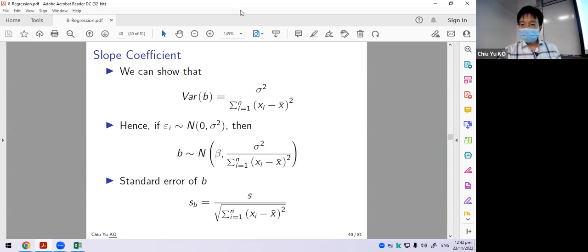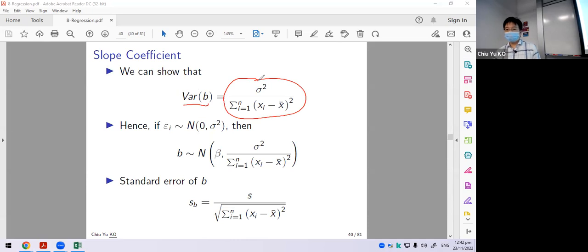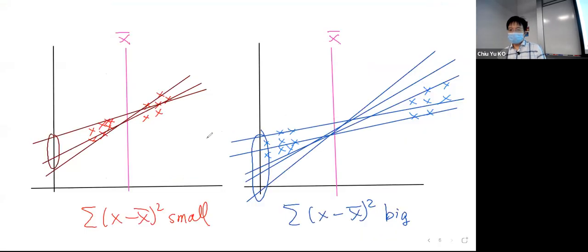And you would expect to see that B, I'm not going to prove it, is related to sigma and inversely related to x bar. The idea is similar to what we have seen. Go back to here. The same idea: look at B, look at the slope. Which one has more variation? Obviously, the right-hand side has less variation.